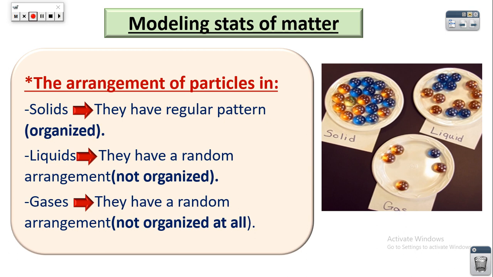But liquids are not well organized because they have more space between their particles. But gases are not organized at all, because gases have a lot of space between their particles. So solids are well organized, liquids are not well organized, but gases are not organized at all.